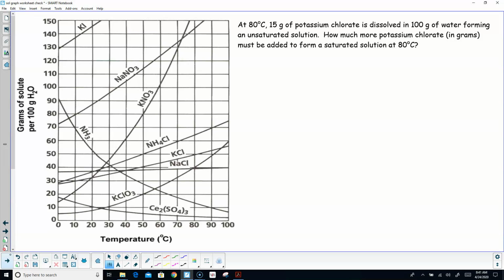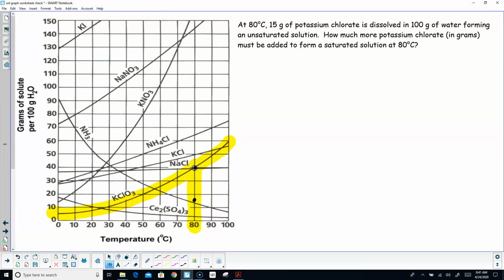What is this, 15? Okay, at 80 Celsius, 15 grams of potassium chlorate are dissolved in 100 grams of water. How much more potassium chlorate in grams could be added to form a saturated solution at 80 Celsius? So we need to find potassium chlorate, which is this guy, KClO3. And we said 80 Celsius, and we have 15 grams in there, so 15 would be right about here. But it wants to saturate it.